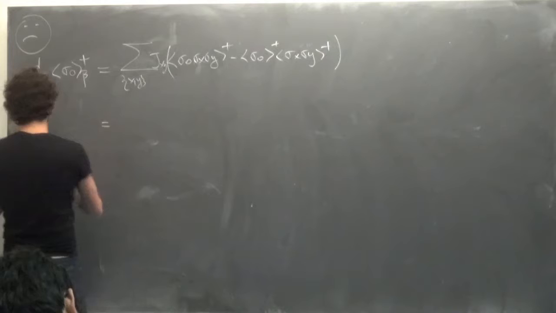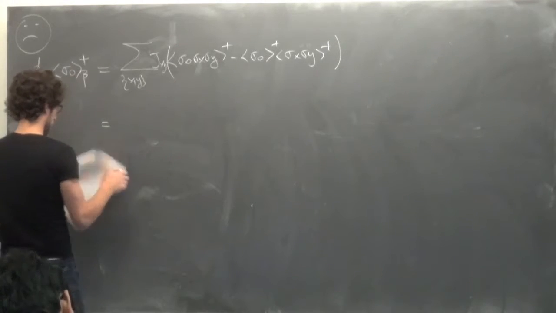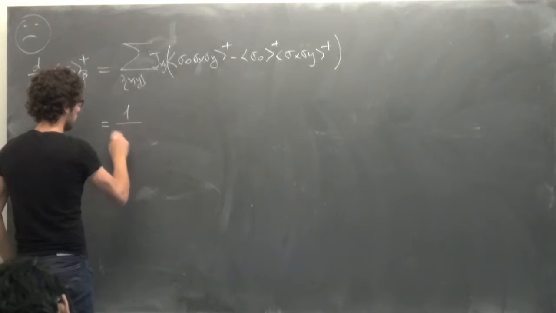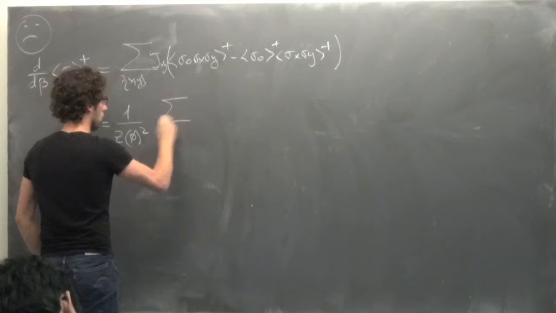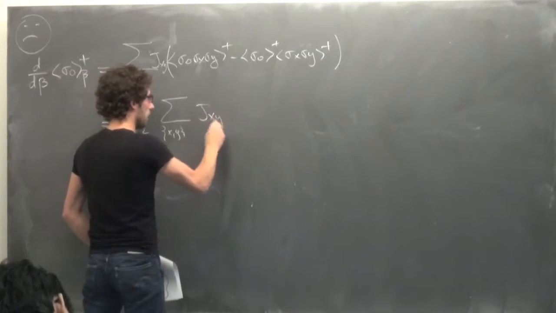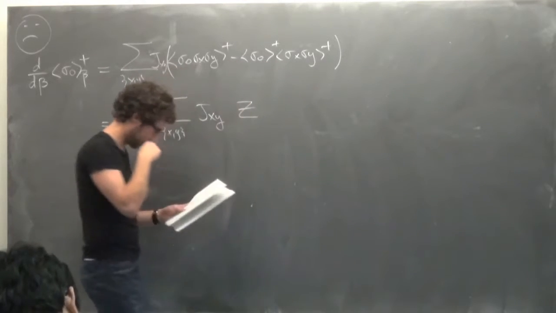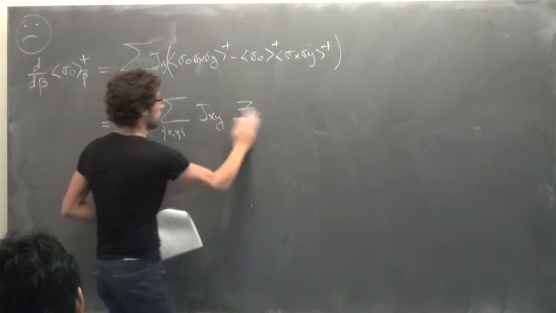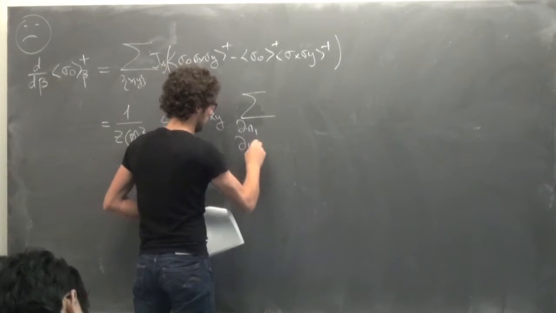This would be equal to 1 over z of the empty set squared, sum over x, y, J xy, and the sum over a first current and a second current.